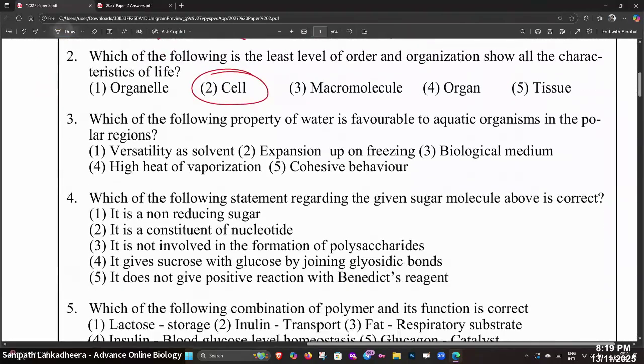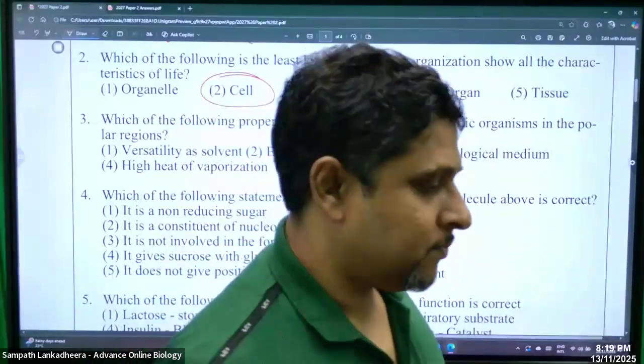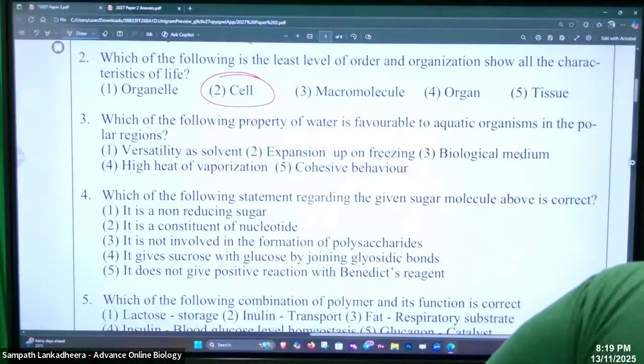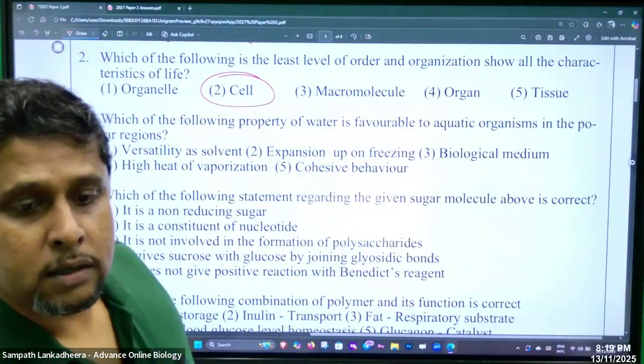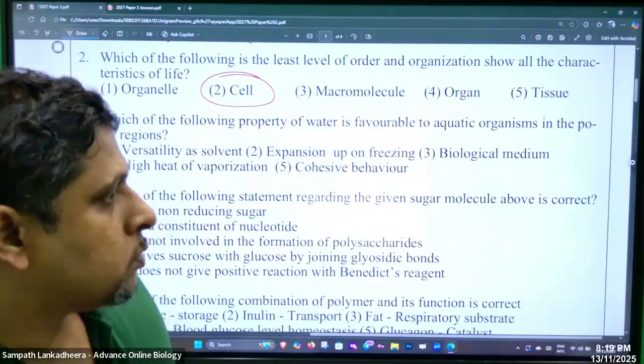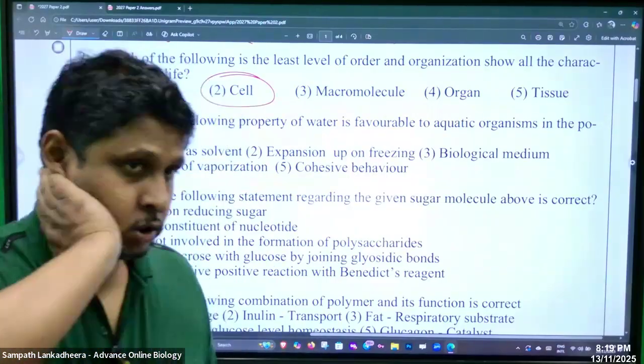Which of the following property of water is favorable to aquatic organisms in polar regions? Did I give you the marking scheme? I forgot to give you the marking scheme. Wait, just give me 1 minute.